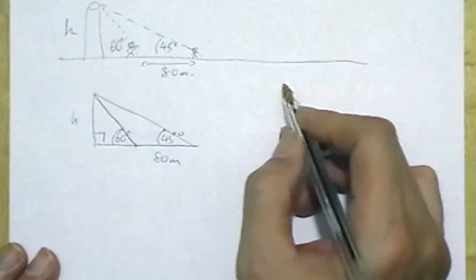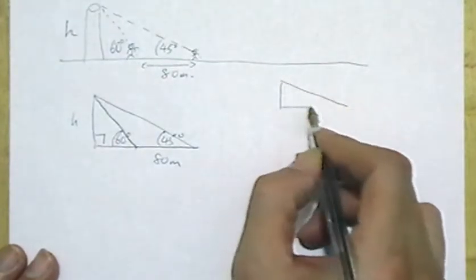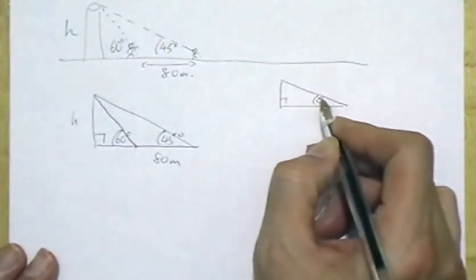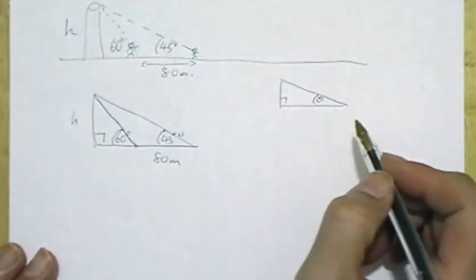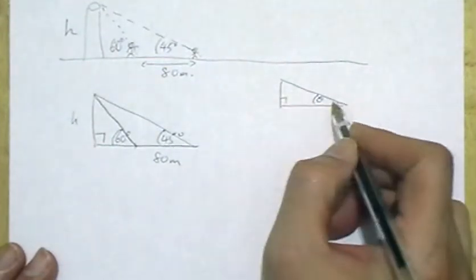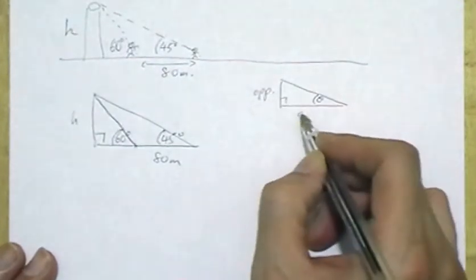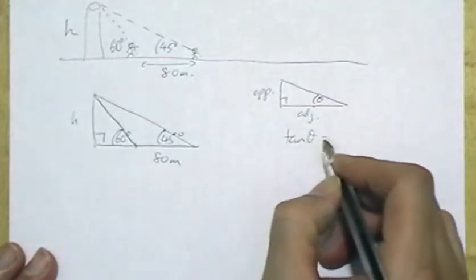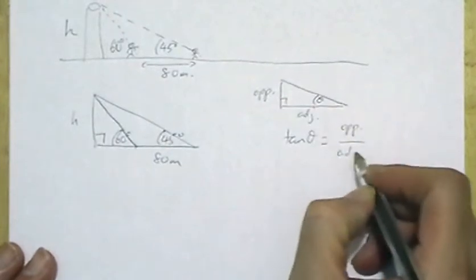Now we know, if I have a right angle triangle, and that's the angle, and let's say that is the right. That would be the opposite. That's the adjacent. We know that these are related by tangent theta. Tangent of the angle equals opposite over adjacent.